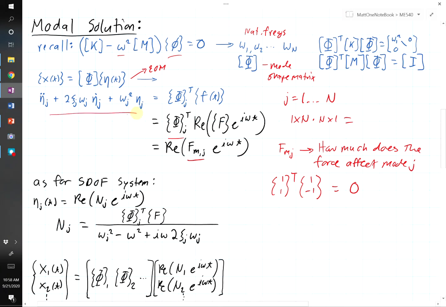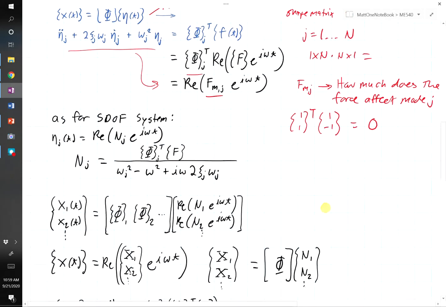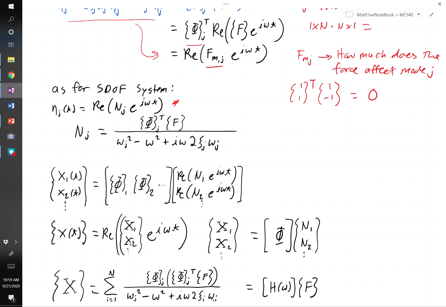And now this is just a 1 degree of freedom system. So this is exactly like what we solved before. We make the same assumption we made before, that the modal response has some complex amplitude in j, e to the i omega t. And we just plug in, do algebra, kind of like the linear algebra we did up above, and we get this expression.